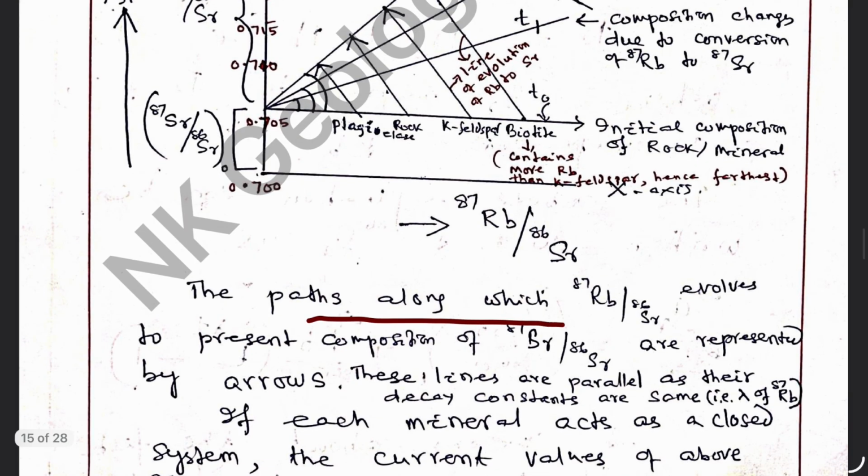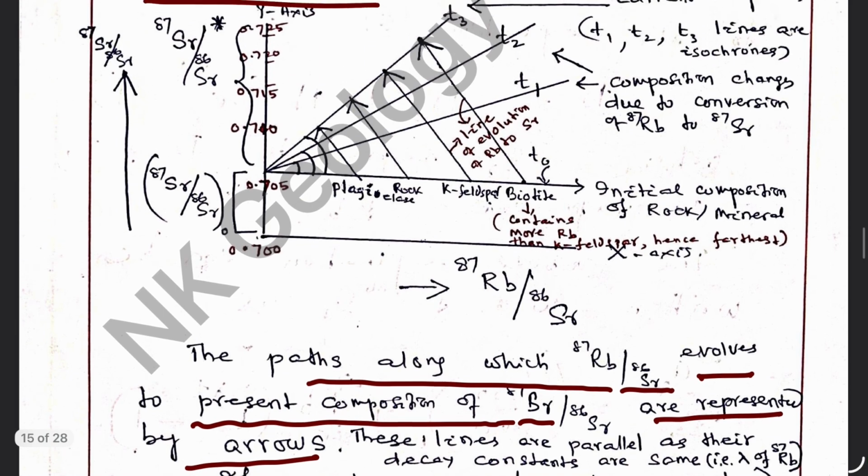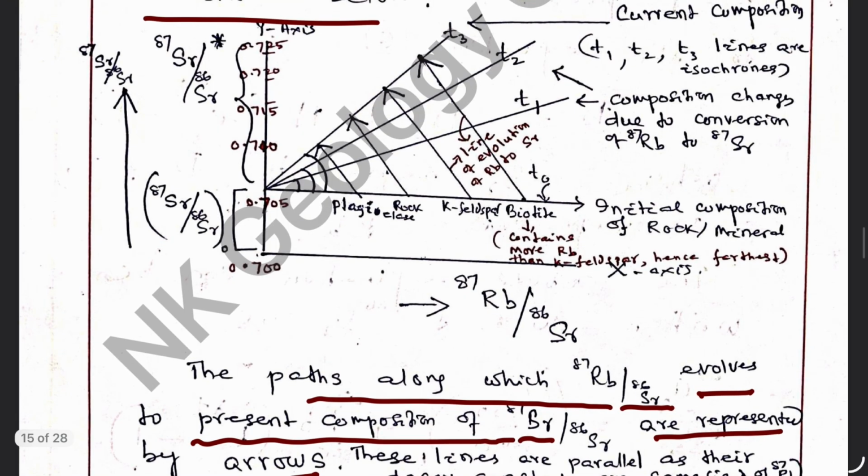The paths along which rubidium 87 by strontium 86 evolves to present composition of strontium 87 by strontium 86 are represented by arrows. If we look at the diagram, in this axis we have rubidium 87 by strontium 86. In the ordinate we have strontium 87 by strontium 86.